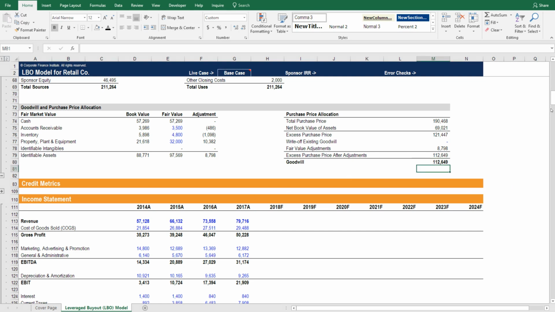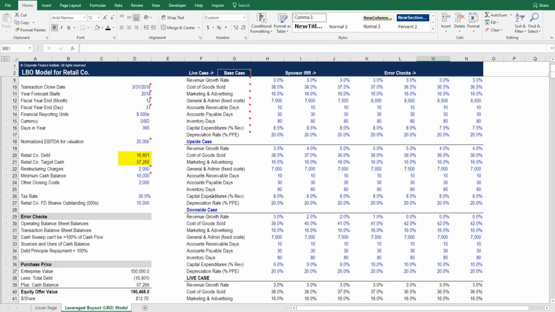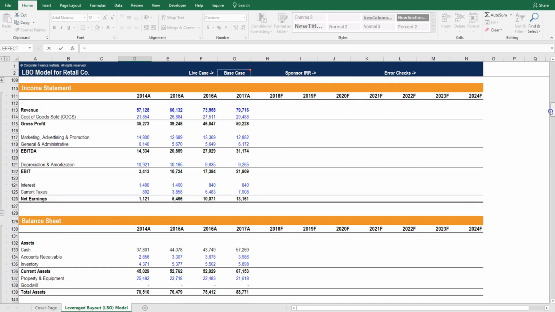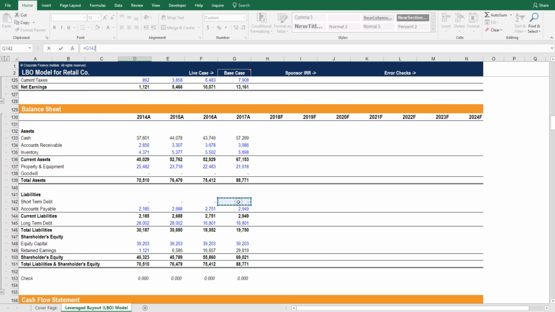One last finishing touch that we can do here is if we scroll up in the assumptions, we wanted to make these dynamic instead of being hard-coded. So we're going to link Retail Co's debt to its balance sheet now that we have that here. So let's make sure we pick up any short-term debt and any long-term debt.